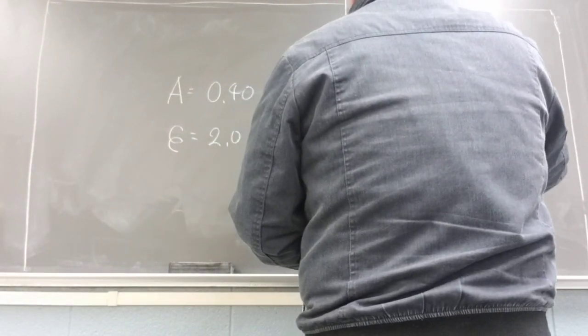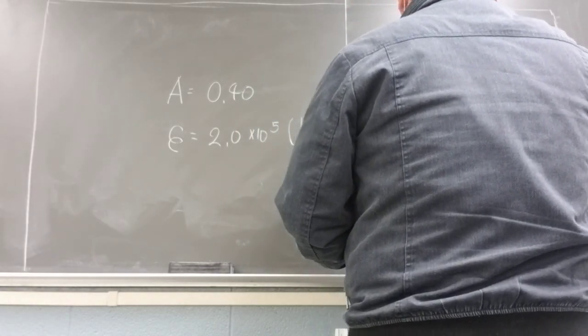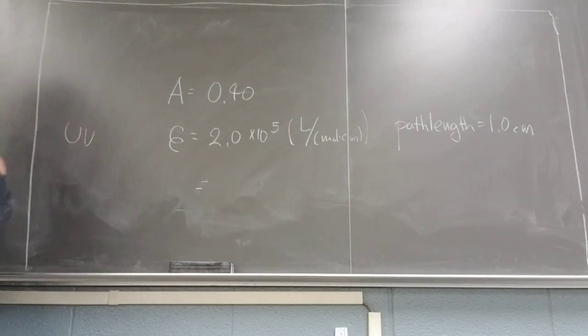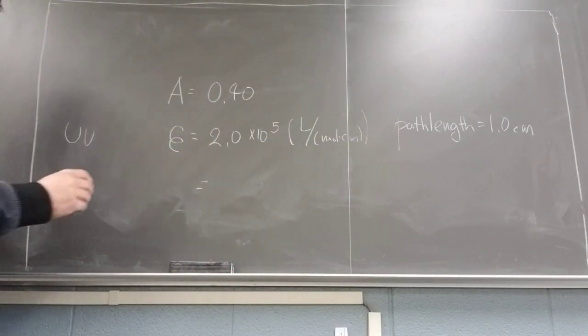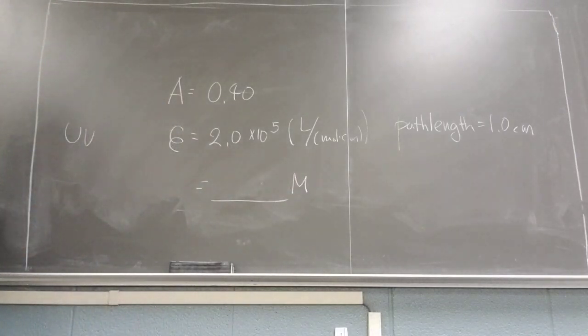And then your path length is just about 1 centimeter. In this case, if you use UV spectroscopy, one might ask for the concentration, molarity.